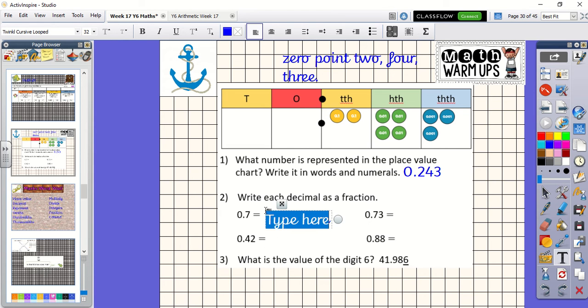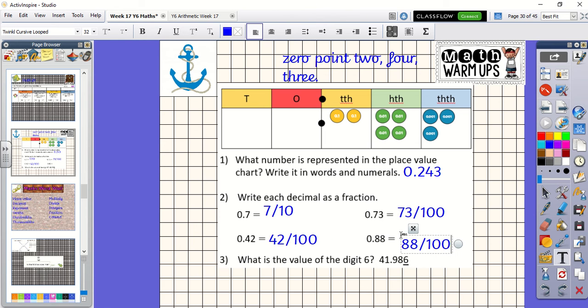So we should have 7 tenths for the first one. Going down here, we should have 42 hundredths. And this one we should have 73 hundredths. And the last one we should have 88 hundredths. Hope those ones were okay for you.